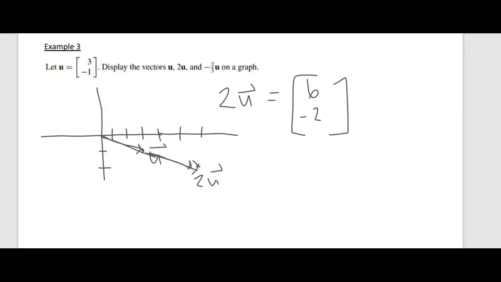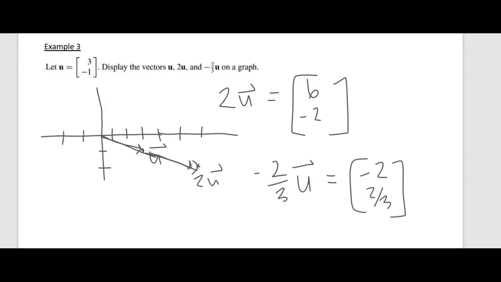Okay. Let's look at -2/3 u. Well, when I multiply -2/3 times 3, I get -2. -2/3 times -1 gives me 2/3. And so now I'm going to be at -2, 2/3.